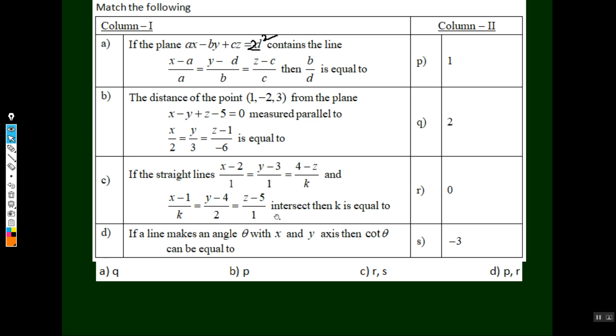If the straight lines (x minus 2)/1 equals (y minus 3)/1 equals (4 minus z)/k, and (x minus 1)/k equals (y minus 4)/2 equals (z minus 5)/1 intersect, then k is equal to... Lines are intersecting means, how do you understand this? When the lines are intersecting, definitely they will lie on a plane.